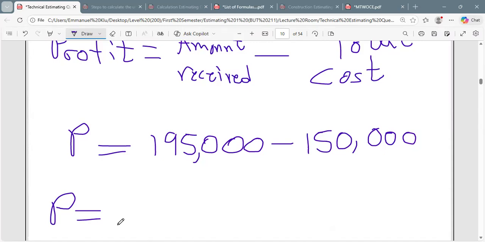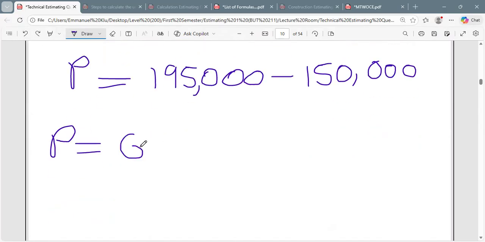195,000 minus 150,000. We're going to get 45,000. So that is going to become 45,000.